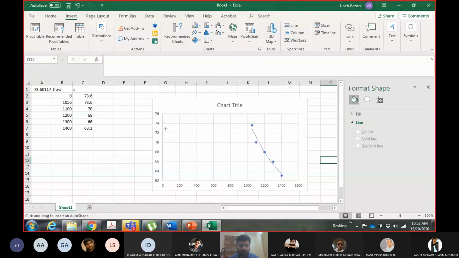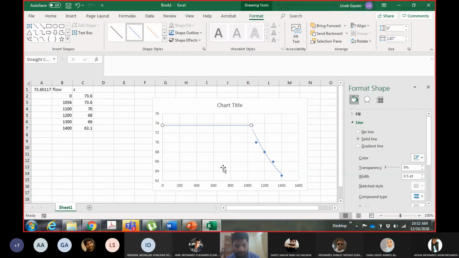From here to here I know it's a straight line, so I just join this point with this axis with a straight line. Again, if you do it by hand it will be much better.